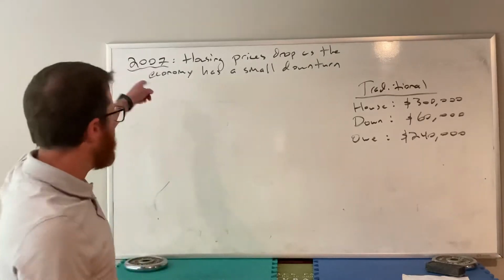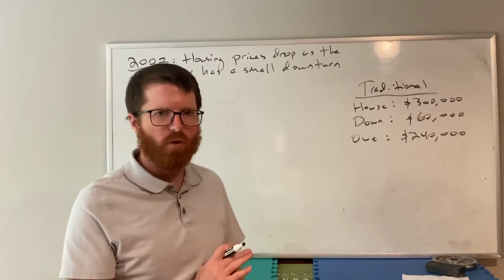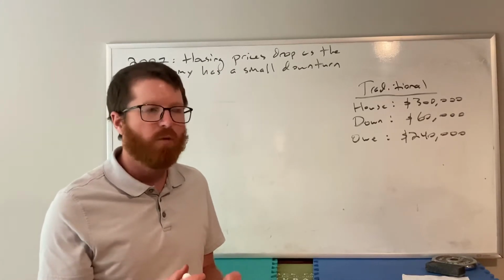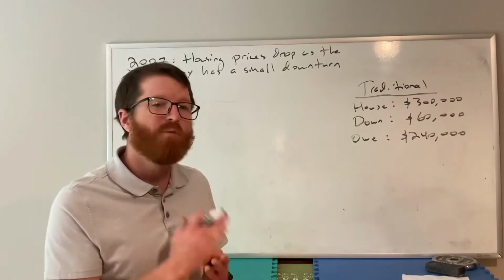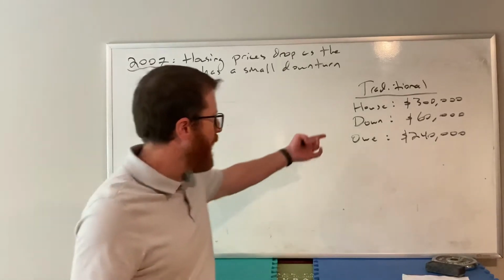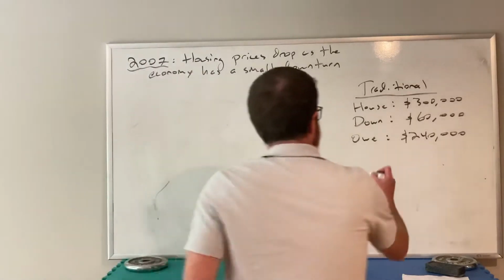But the unique thing about 2007 is we had so many people who had just engaged in a mortgage. We had so many new houses being sold. When I say new houses being sold, they could have been old houses, but they're new to the buyer, okay? So there were so many new mortgages processed in like 2005, 2006, 2007, that there were a lot of people who had just bought a house. So it looked like this.